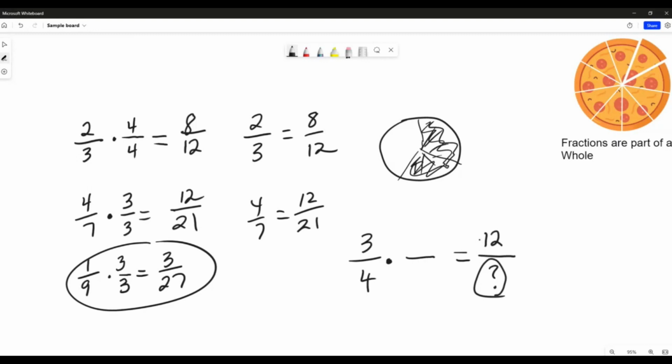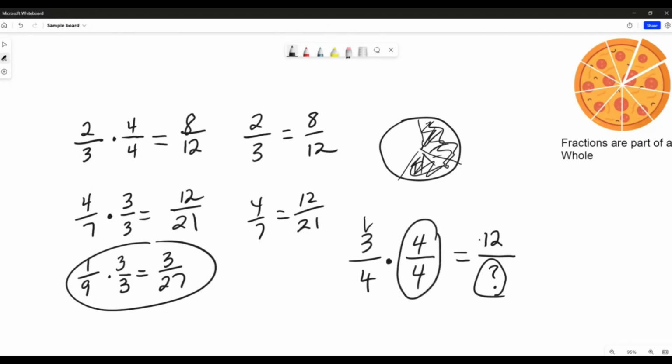What did we have to multiply the top and bottom by here? We'd have to multiply the top by 4 and the bottom by 4, because this is just 1. We haven't changed the fraction.